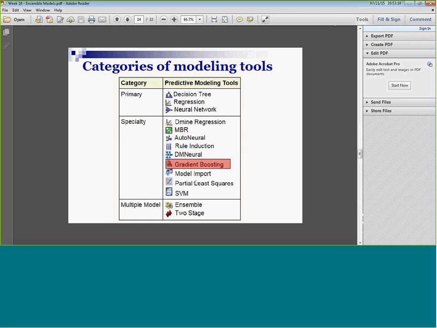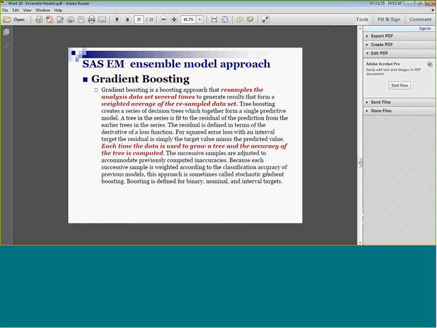There's also an ensemble node. The ensemble node does something different than the gradient boosting. The gradient boosting resamples the data set several times and generates results that form a weighted average of the data sets. So it takes a sample, builds a model, takes a sample, builds a model.